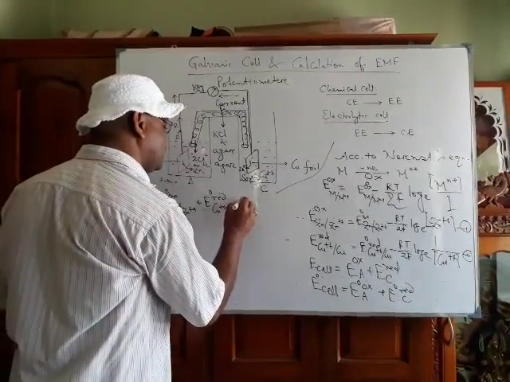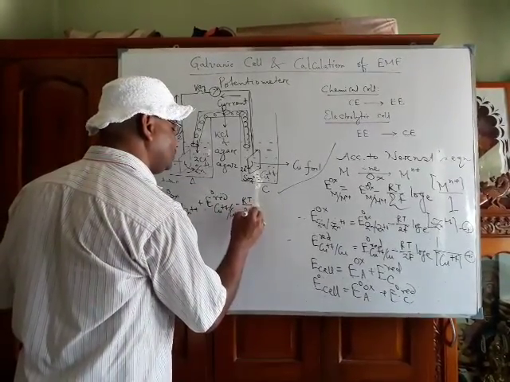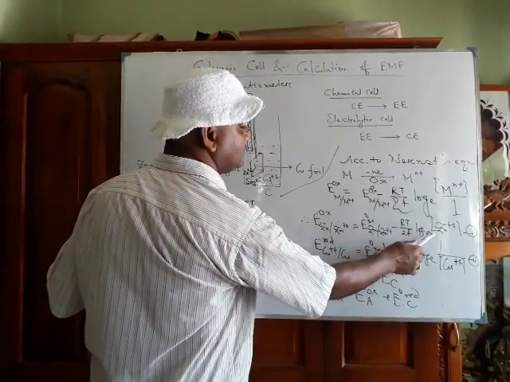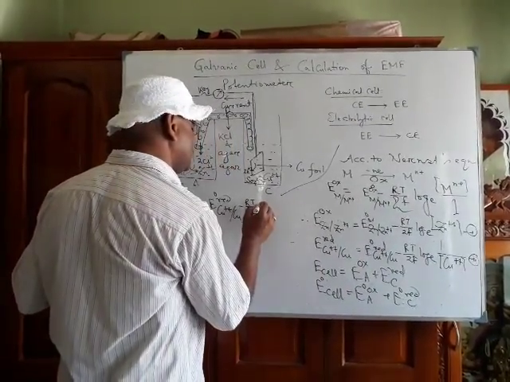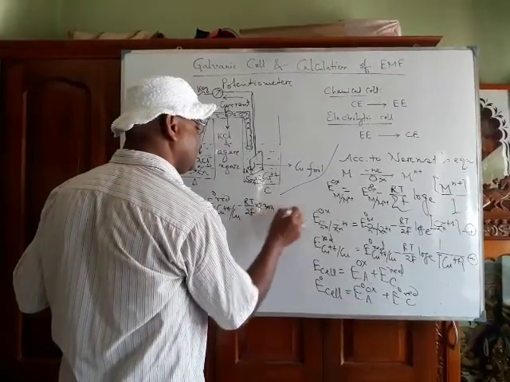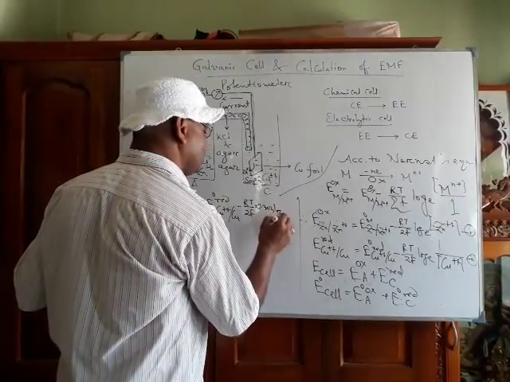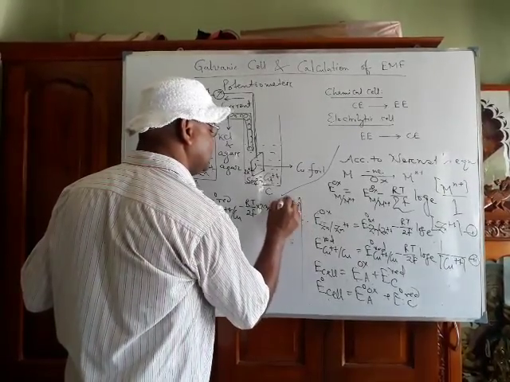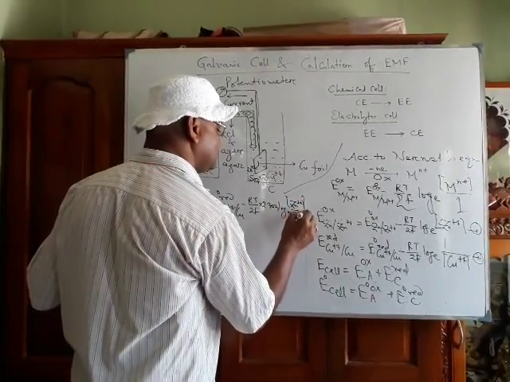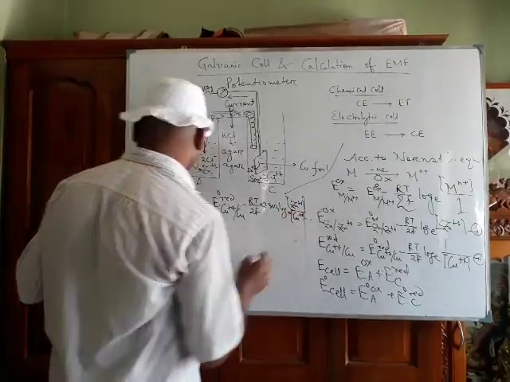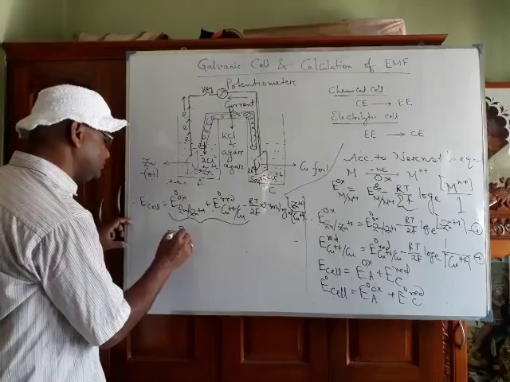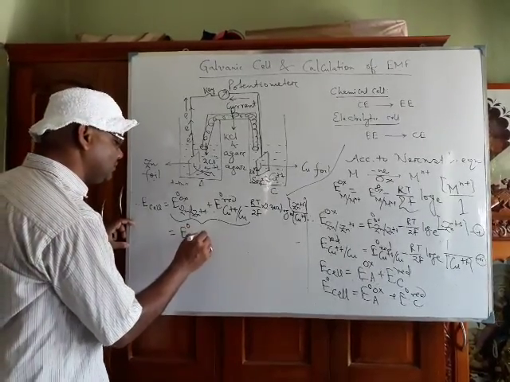minus RT divided by 2F. Whenever the log base is changing from e to log 10, it should be multiplied by 2.303, log base 10 zinc ion concentration divided by copper ion concentration. And I told you earlier that this part is what? E0 cell minus 0.